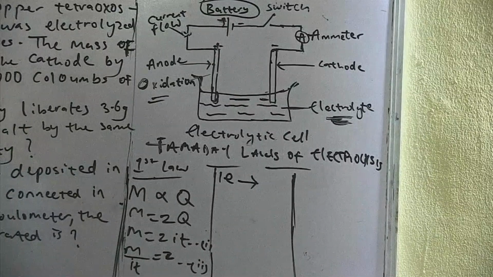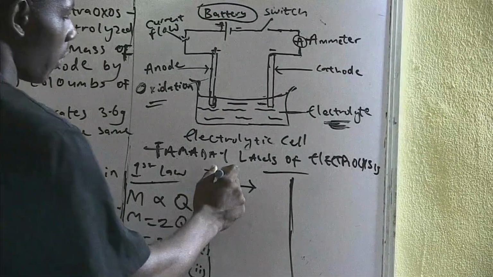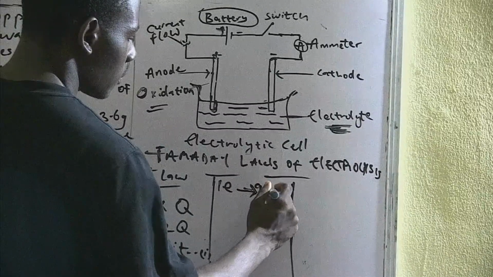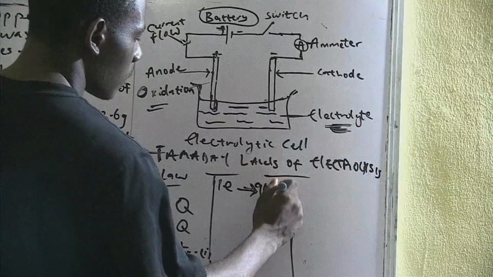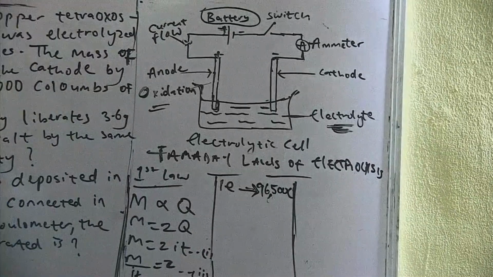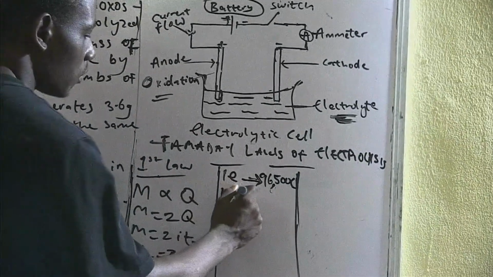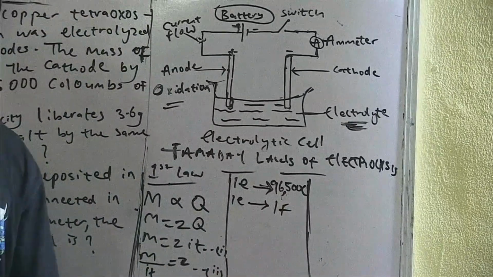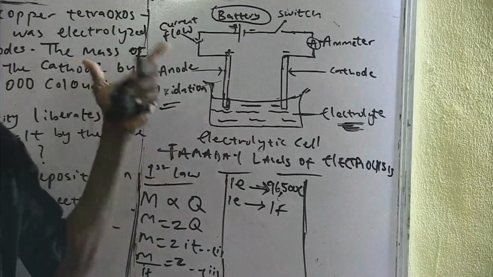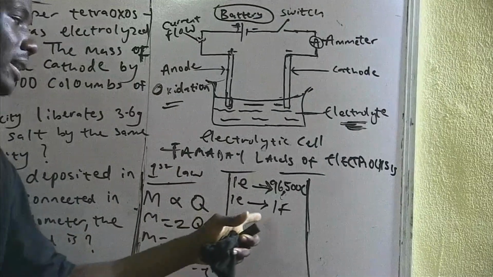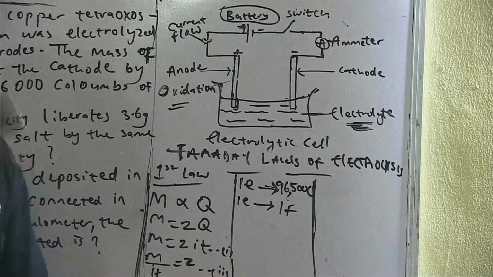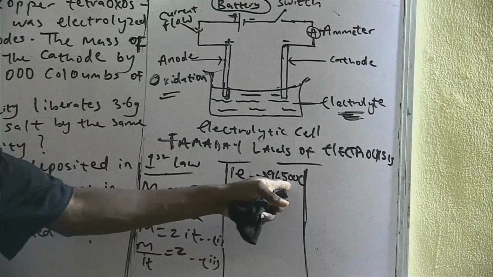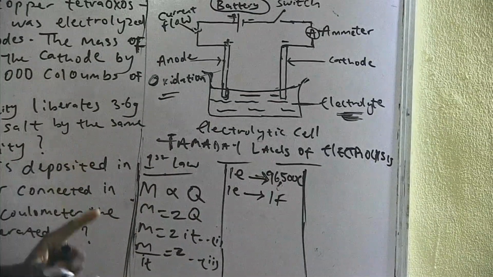So one mole of electron requires 1 F, meaning that 1 Faraday is equal to 96,500 coulombs. Do you get that now? Please take note of that.